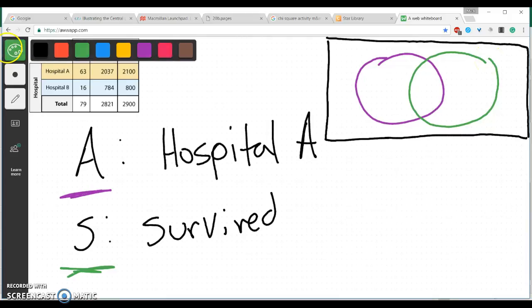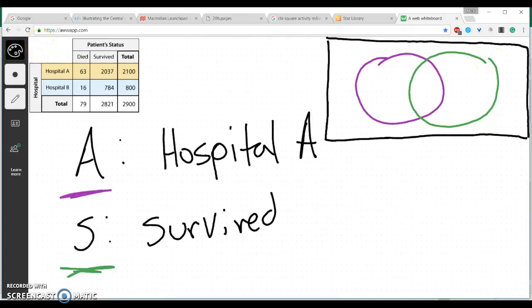If we do this, we would find that the amount of overlap is, if you attended hospital A, there's 237 people right here that were both in hospital A and survived, which means the other people that were in hospital A were the 63 people that died, and then the other people that survived would have been in hospital B, which would be this number of 784.